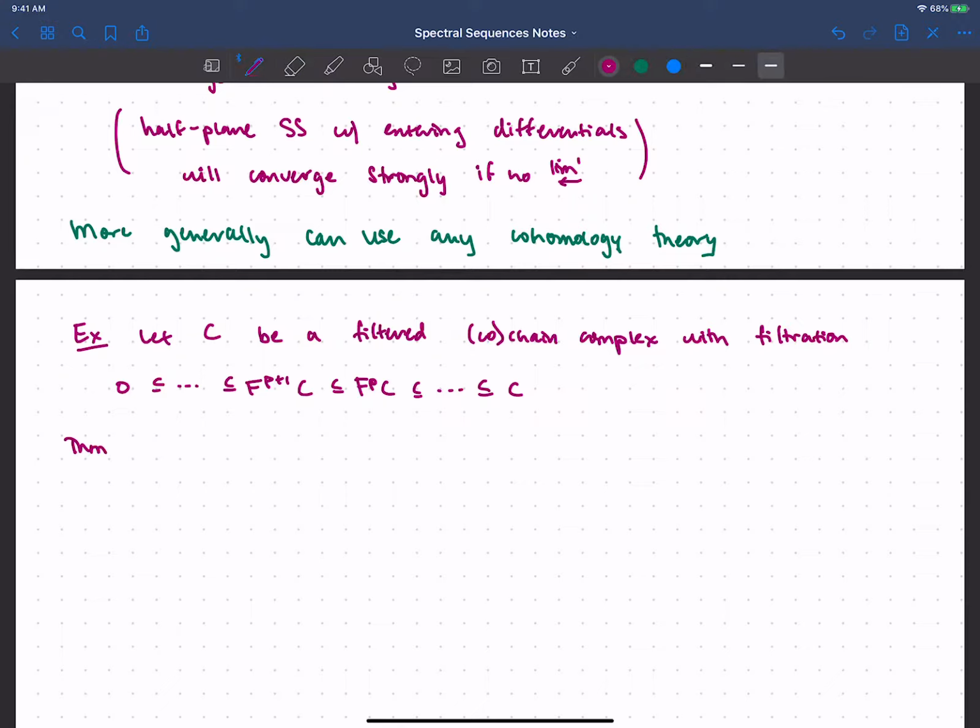Well, the theorem is that if the filtration is good, then things are good. Huge surprise. Okay, so if the filtration of C is, what are all the things we want? The usual: exhaustive, Hausdorff, and complete.